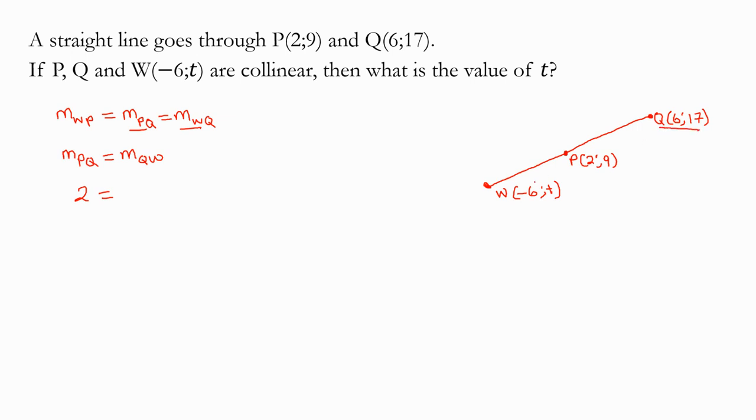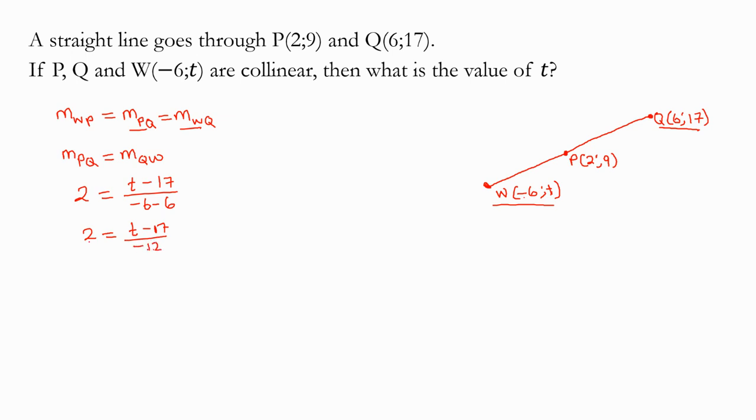Okay, so change in Y here is going to be, let me start with T, T minus 17, over the change in X, negative 6 minus 6. So 2 is equal to T minus 17 over negative 12.